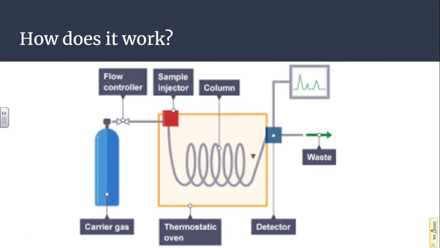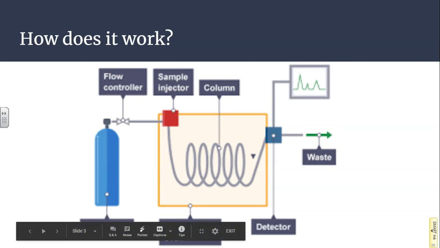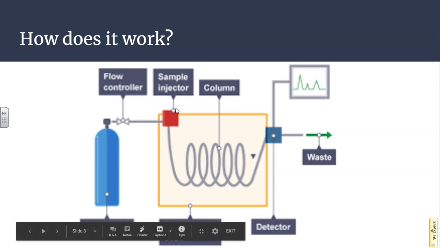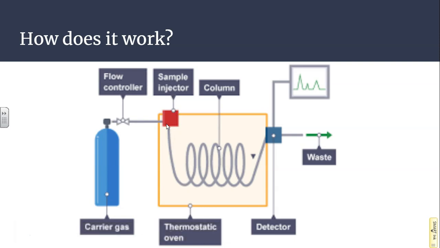So here's a little, and I know that it's blurry, but here's how a GC works. You have what they call a carrier gas. The gas is going to push the sample through the column here. If I were to just inject the sample here, it would just sit here in the injector and not do anything. The gas will push it through the column.